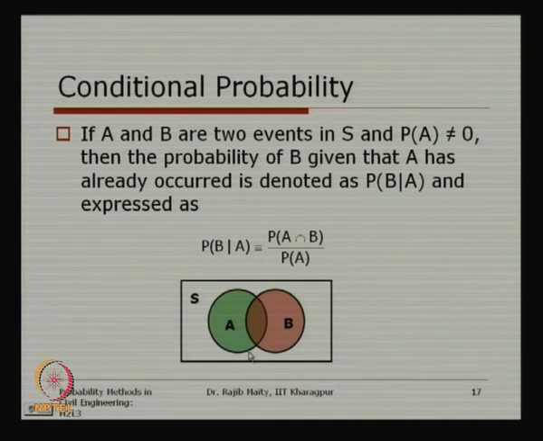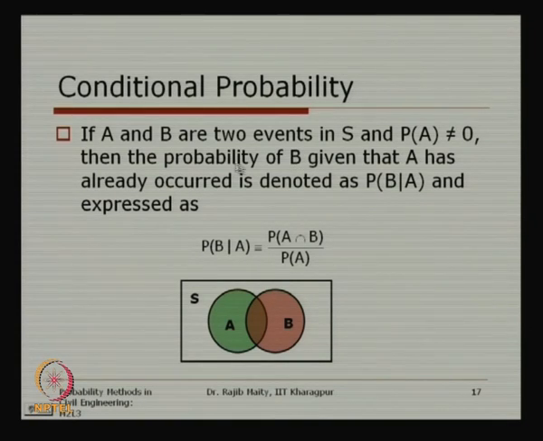Here the condition is that I am ensuring the occurrence of the other event. The occurrence of the other event here means that if A and B are any two events in the sample space S, and the probability of A is not equal to 0, then the probability of B given that A has already occurred.